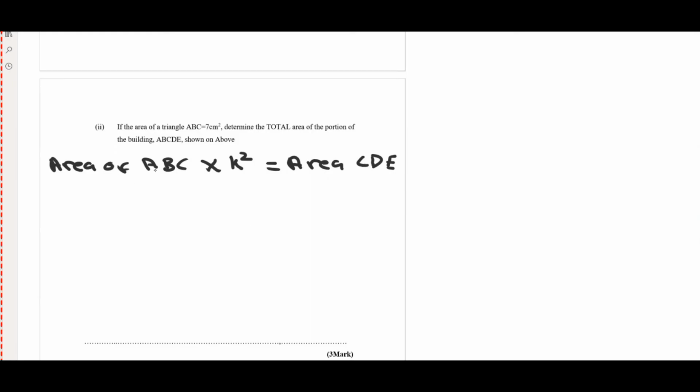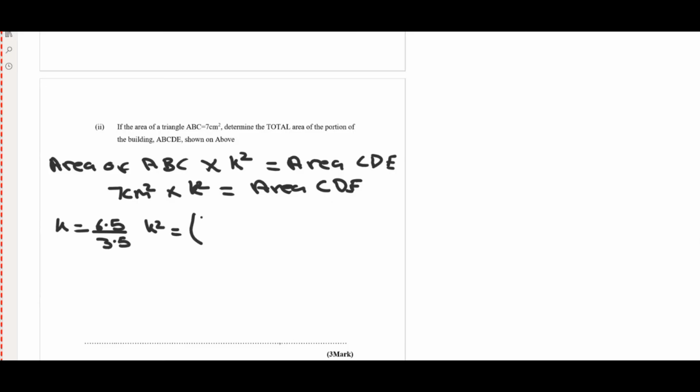So if we put in ABC, that's 7 centimeters squared multiplied by K squared, which is equal to the area of CDE. Now we can find K, because K would be 6.5 divided by 3.5. So K squared would be 6.5 over 3.5 squared.